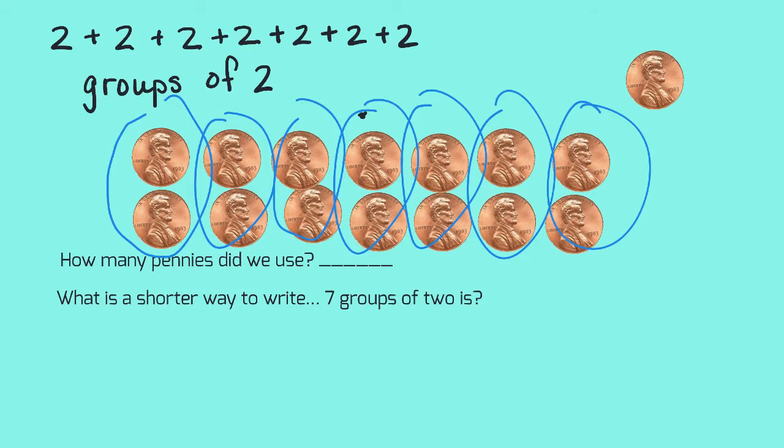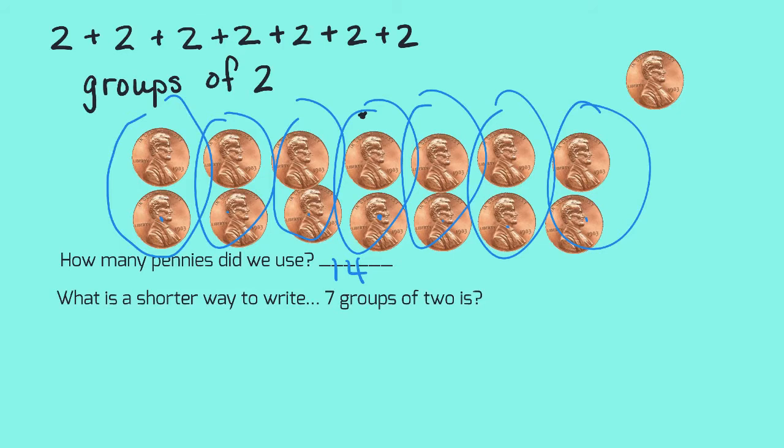So how many pennies did we use, boys and girls? You can go ahead and count them off with me. Get ready. 2, 4, 6, 8, 10, 12, 14. So we used 14 pennies. So what's a shorter way to write 7 groups of 2 is?